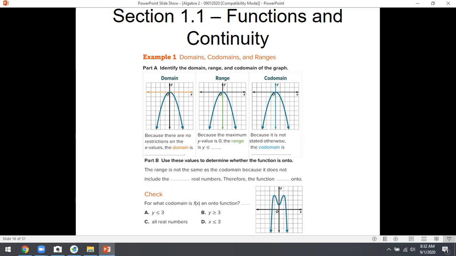No, it stops at where? 0, good. Would I put a bracket or a parenthesis on the 0? Very good, bracket, it does actually touch it. But could I get out more? I could get out everything from negative infinity up to infinity. So again, this is hard, but it emphasizes that codomain is what I could get out, range is what I actually do get out.